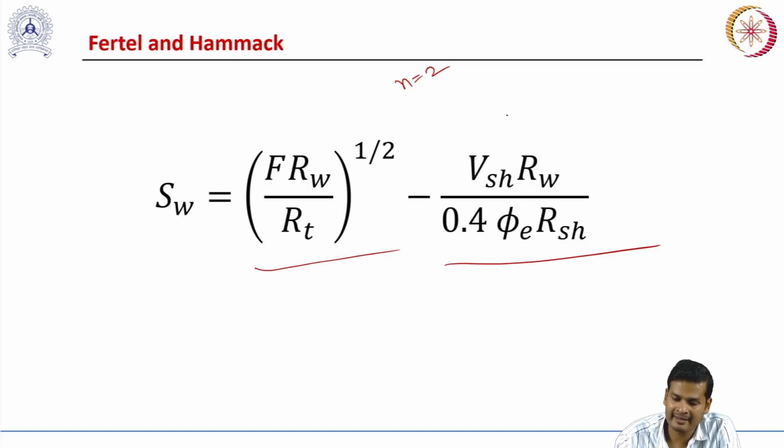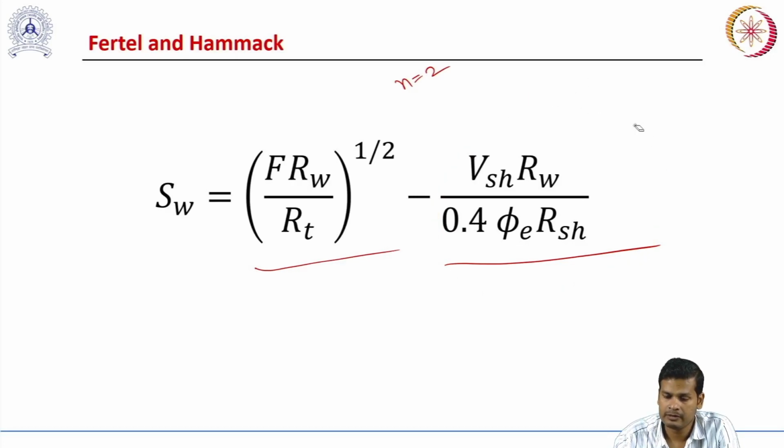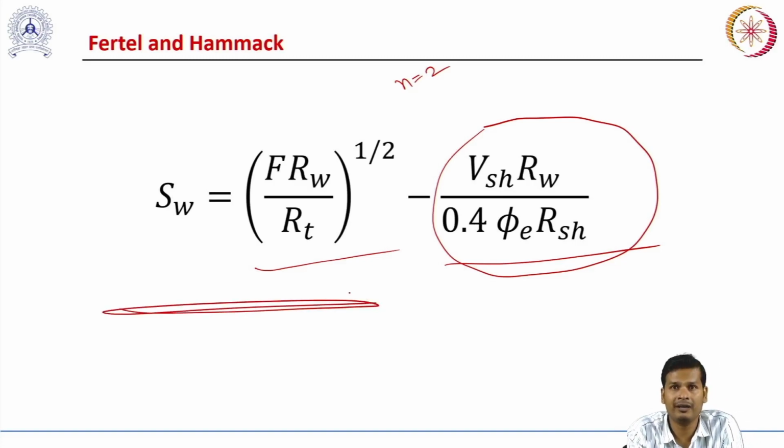This is the excess conductivity or additional water saturation which you would calculate if shale is present and not accounted for. So this term accounts for the excess conductivity of our shaly formation. Once again, if you put Vsh equal to 0, you will have the clean formation equation, or only this term.